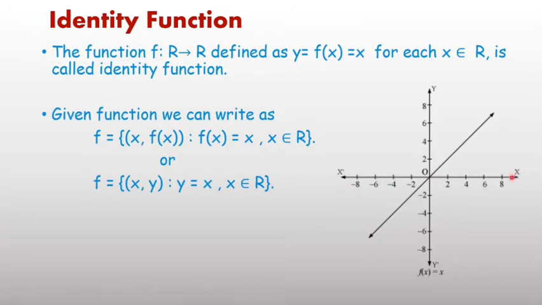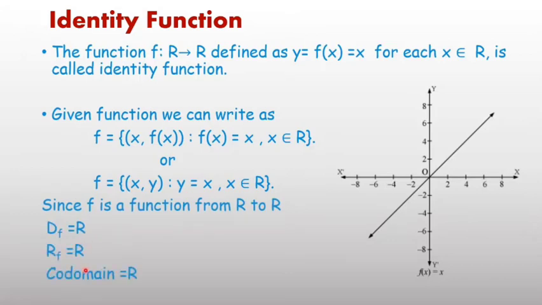Movement along the x-axis is known as domain, and movement of the line along the y-axis is known as range. Since y equals x and domain is real numbers, it implies range is also real numbers. Means domain is real numbers, range is real numbers, and codomain is also real numbers. It is known as the identity function.